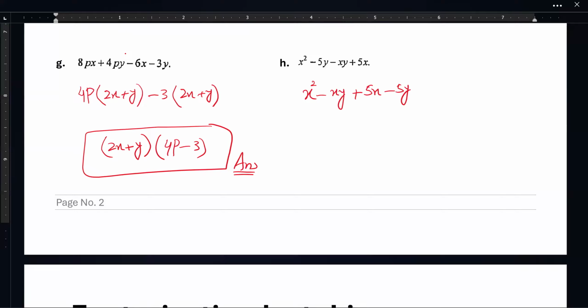Okay, if you look at the first two terms, x is common here. So what we have inside the bracket is x minus y. Now I can see plus 5 is common, so it's going to be x minus y. Yes, the two brackets are the same, so we have x minus y and x plus 5.